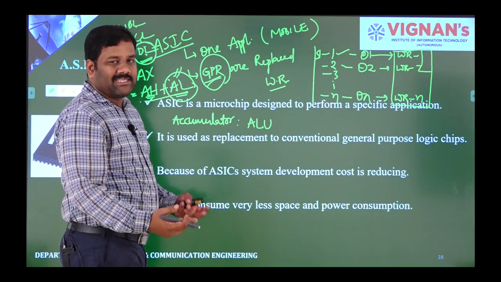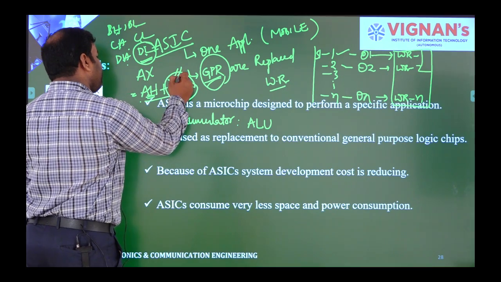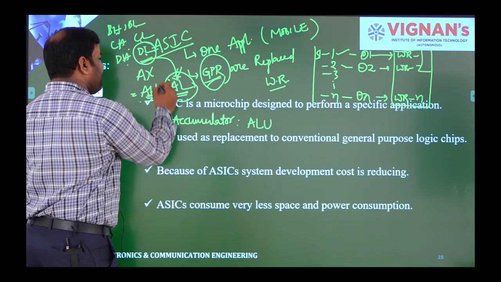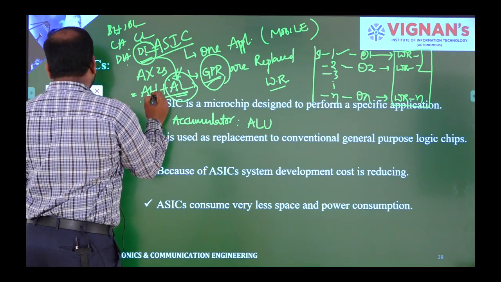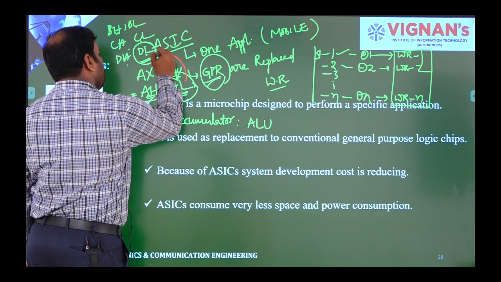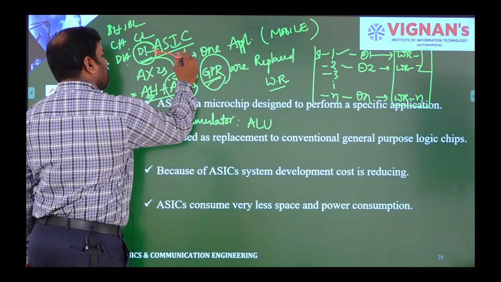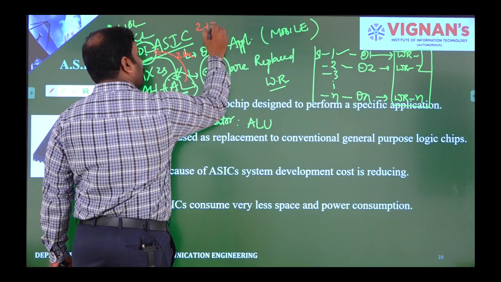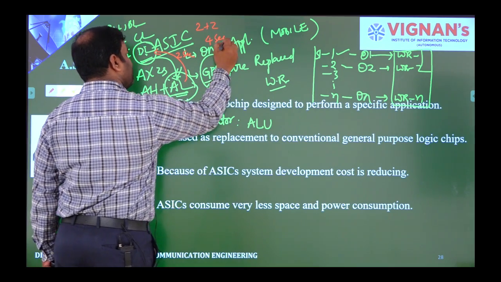It will take some time, from DL to AL let it be 2 seconds. At the same time, AL to DL takes one more 2 seconds. So 2 plus 2, 4 seconds of time is wasted for me.